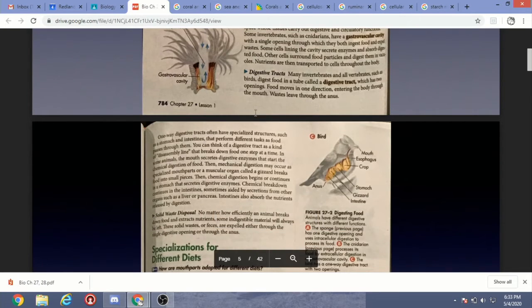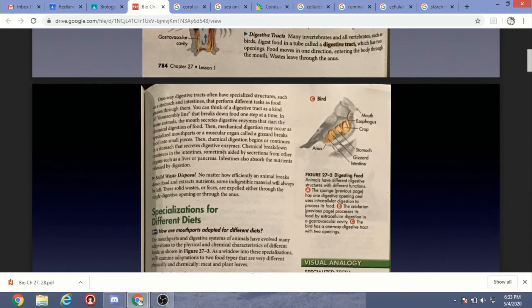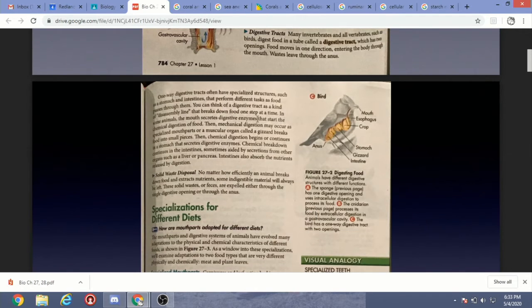All right, and so one-way digestive tracts are awesome. They're super awesome because they can be specialized to do a lot more work and different tasks as different foods pass through them. And I like this. You can think of a digestive tract kind of as a disassembly line.